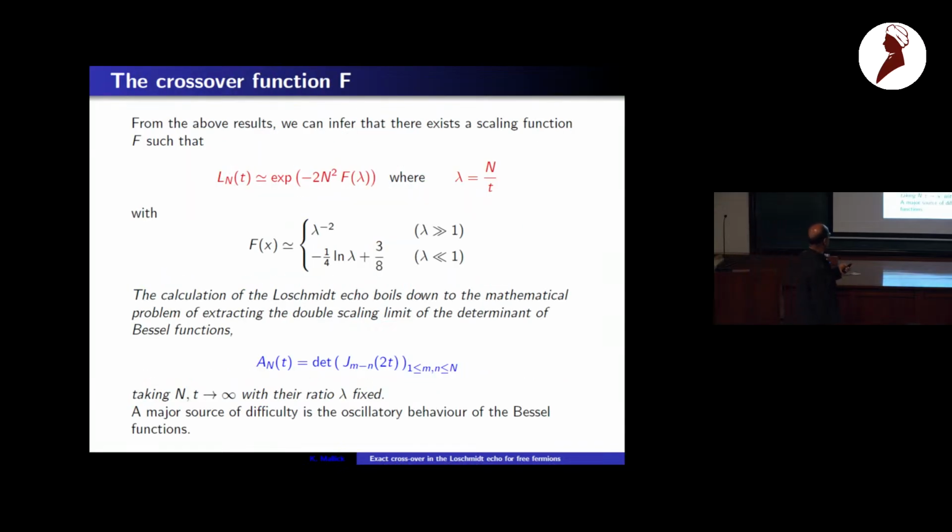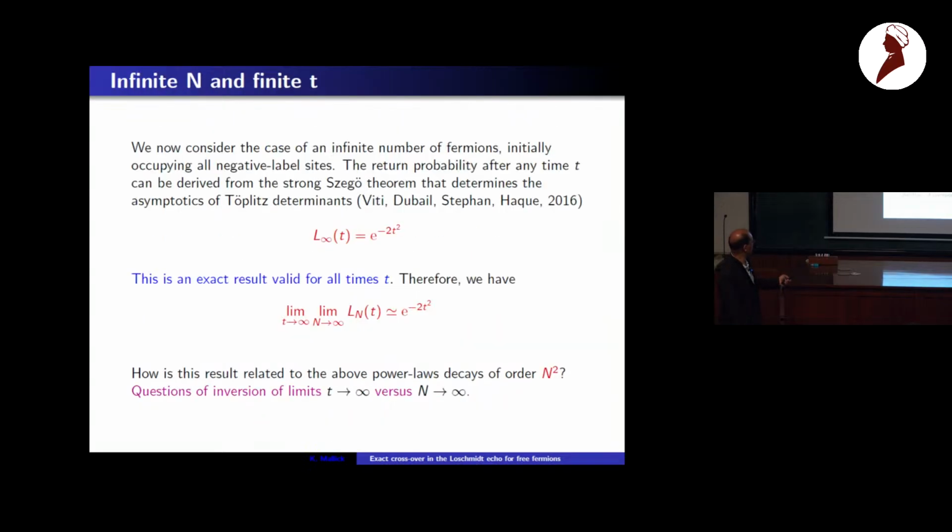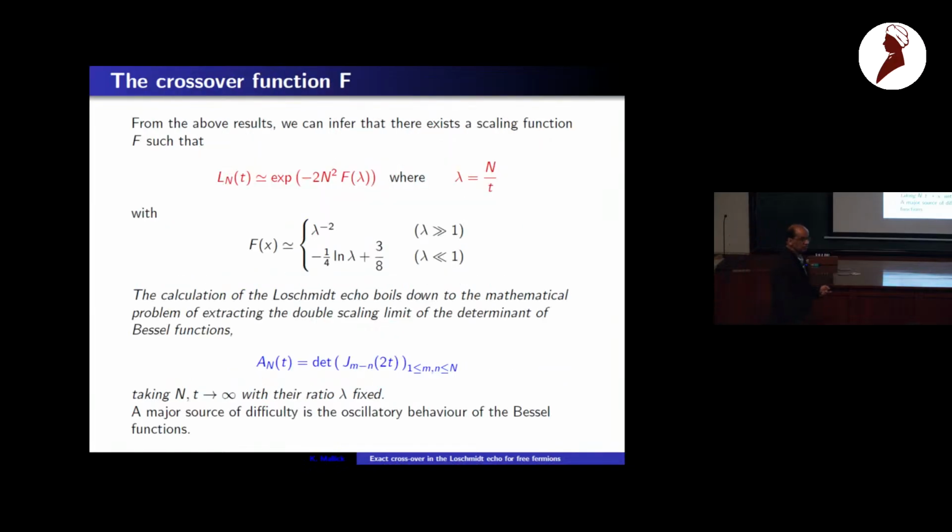So finally, if you just want to match these two behaviors with the switching limits, if you look at that one very precisely and look at that one very precisely, you can guess that the general form will be of the type: the Loschmidt echo is exponential minus n squared, I put a 2 here, times some crossover function of lambda, lambda being n over t.